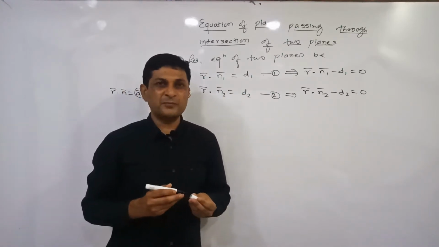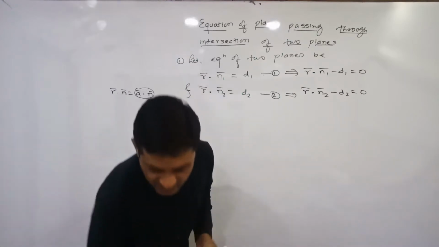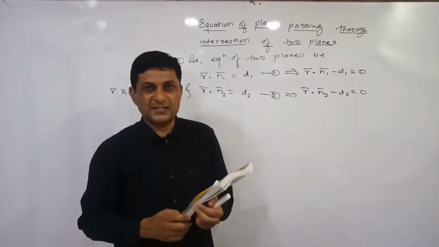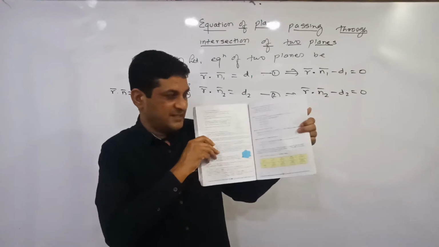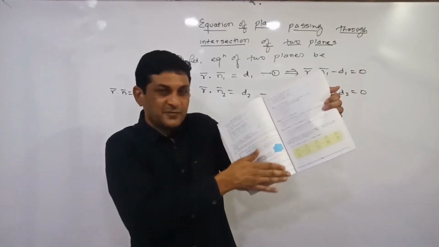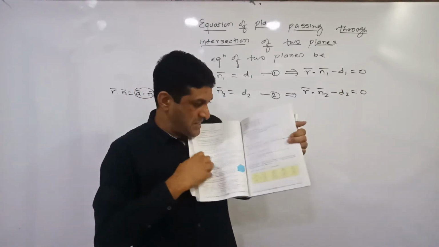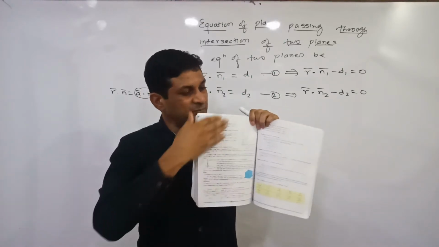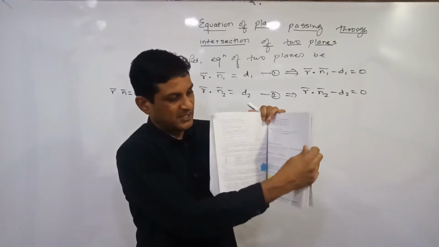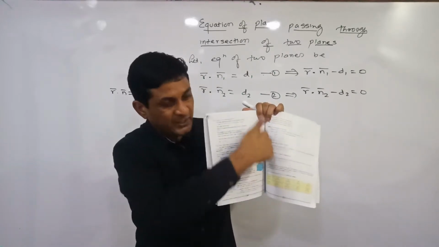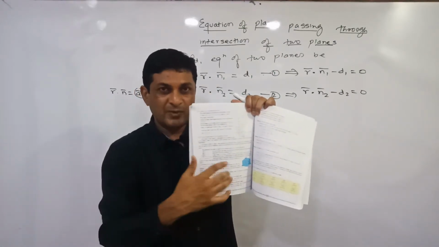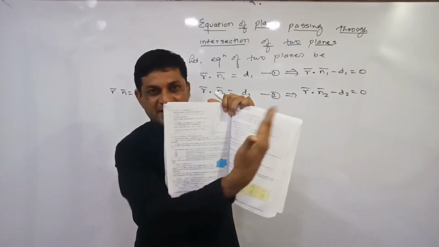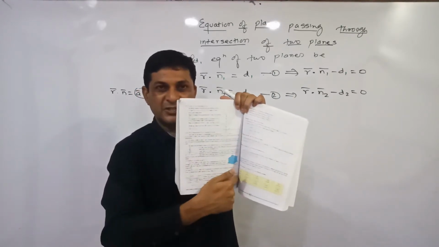Now suppose two planes intersect each other. Let this flat surface be one plane, and this flat surface the second plane. We can observe that if these two planes intersect each other, their intersection is a line.